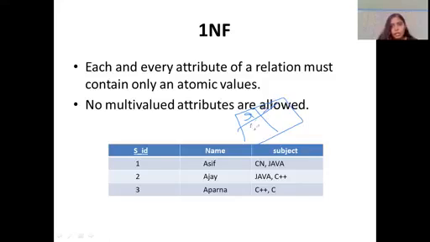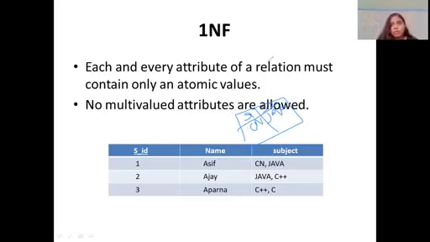Here I will write CN, and here I will write Java. If I do this, every column contains only atomic values, and we can tell that this table is in first normal form. No multi-valued attributes are allowed inside the table.